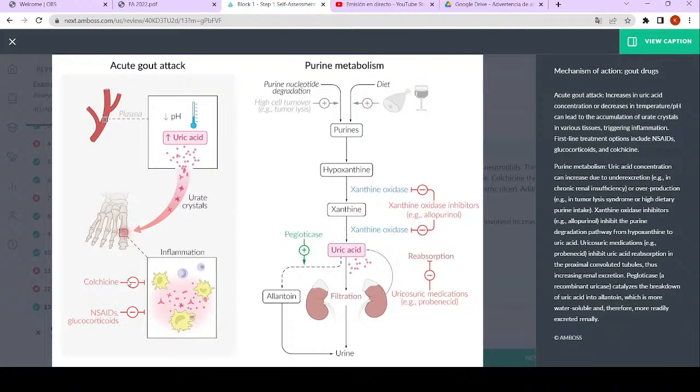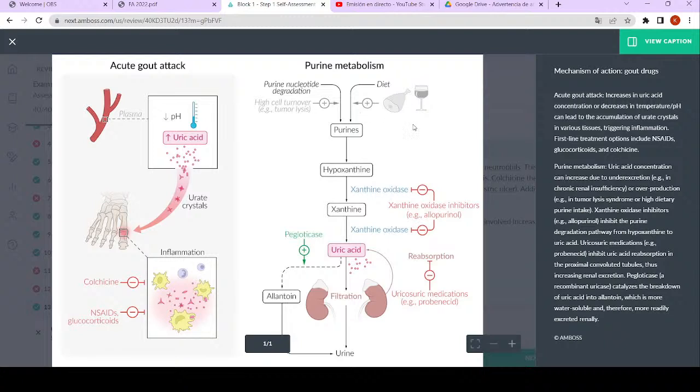So these are the both that you use for acute gout attack. They lead to inhibit the inflammation from the urate crystals. That's not the same as the drugs that you use in the case of not the acute, right? The chronic.